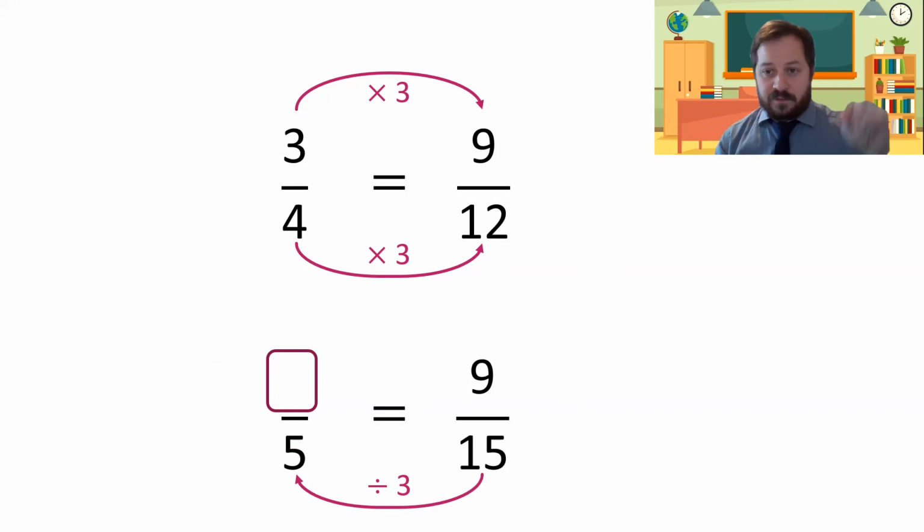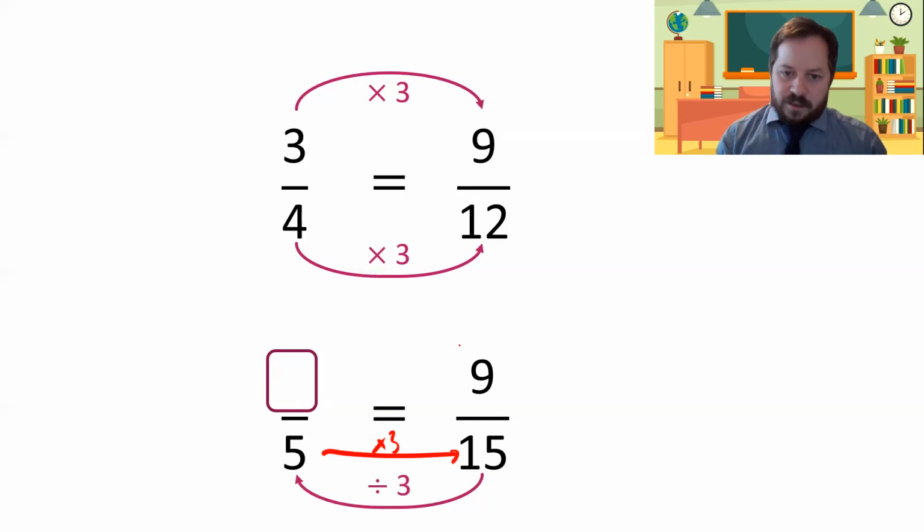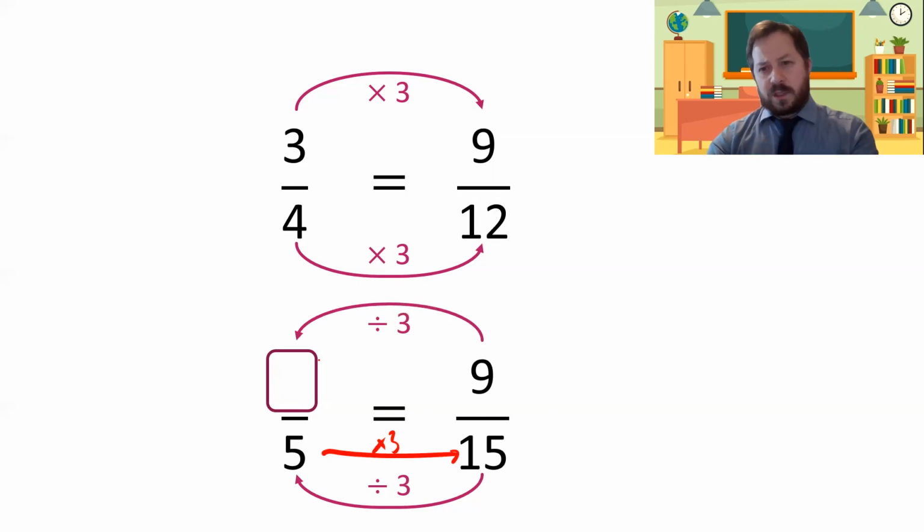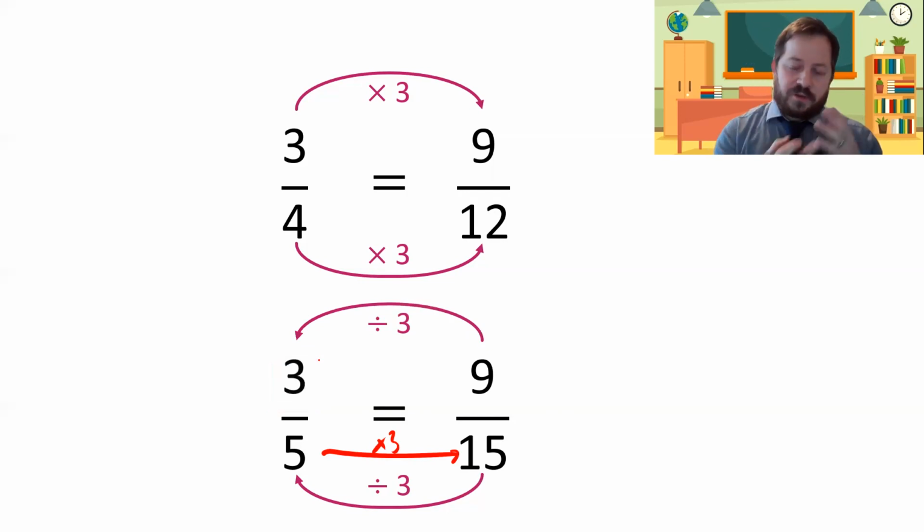Times 3 one way, divide by 3 the other way. You can always think about it in the other way. So if you go, okay, I don't know this one, but in order to get from here to here, I have to times by 3. That means to go backwards, it's dividing by 3 because you know the inverse. That means that to go from here to there, we also have to divide by 3. In order to divide by 3, 9 divided by 3, or 3 times something equals 9, the answer is 3. So 3/5 is the same as 9/15.